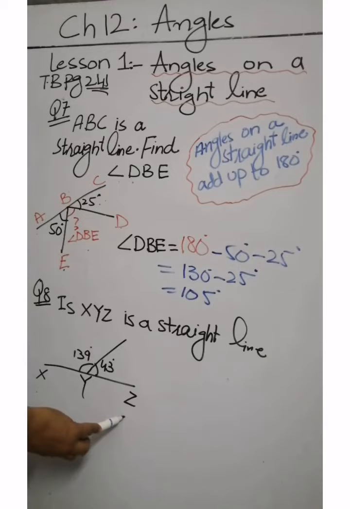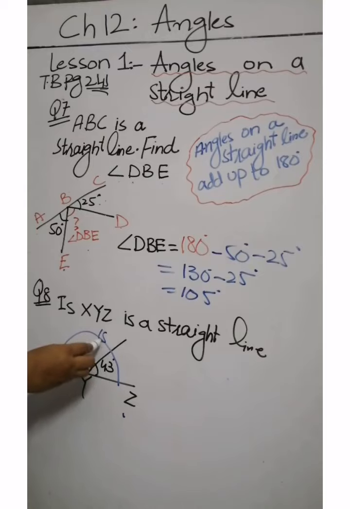We very well know that angles on a straight line add up to 180 degrees. If I add up all the angles on a straight line, the answer must be 180 degrees. If the answer we get is 180 degrees, that means the line is a straight line. Otherwise, the line is not straight.